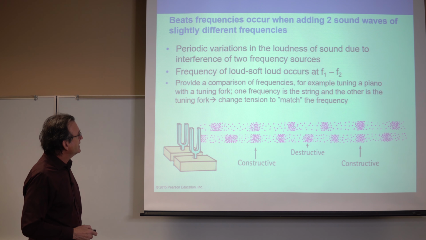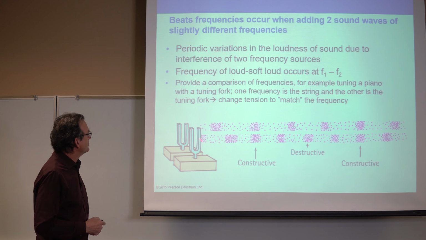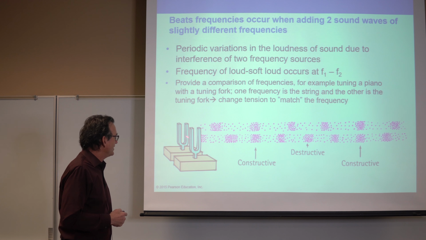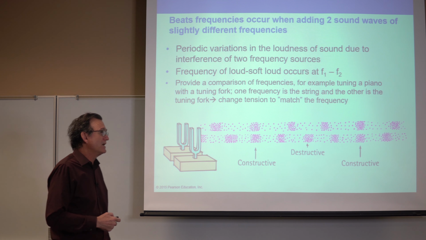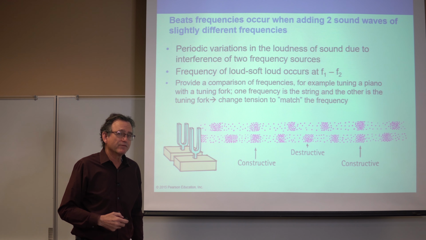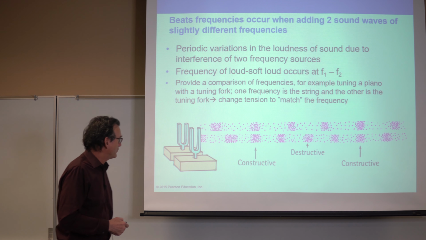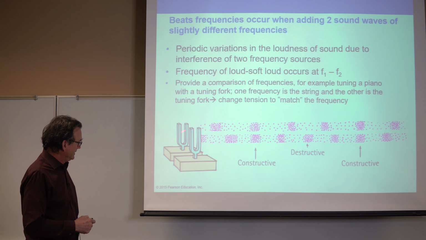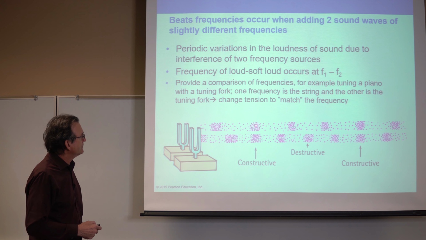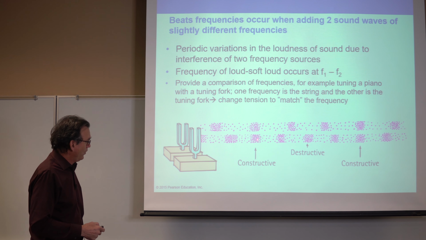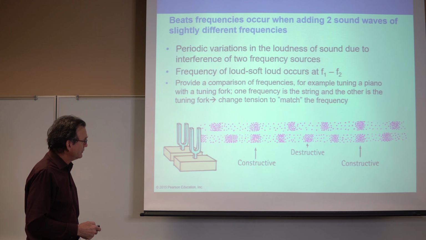What is observed and what is explained by these two sounding forks, as we'll call them, at slightly different frequencies, is that occasionally there will be a lineup of the constructive compressions of air molecules of one with the compressions of air molecules of the other.